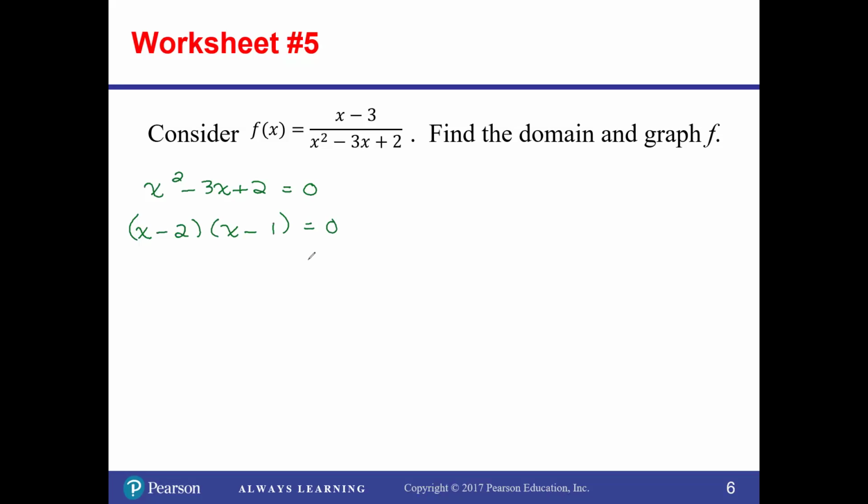Well, -2 and -1: if we multiply them, +2, if we add them, -3. So that means my zeros for the bottom happen at 1 and 2. When I'm considering my domain, the two numbers I need to remove from my domain have to be 1 and 2, because they're the two that make the denominator 0.